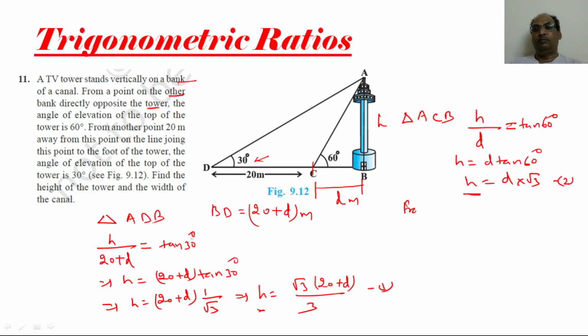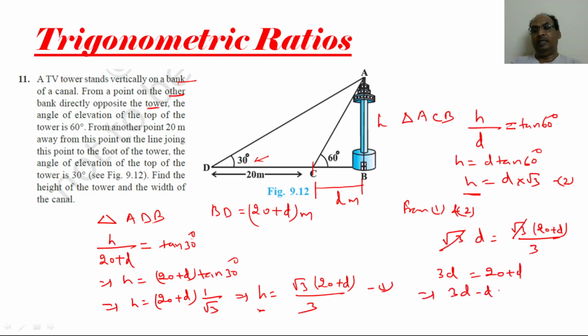So from 1 and 2, H is equal to H, so we can say that root 3 D is equal to root 3 into 20 plus D divided by 3. This root 3 got cancelled, so 3D is equal to 20 plus D, and 3D minus D is equal to 20. This has given 2D is equal to 20. Cancelling it, 10. So D is equal to 10 meter.